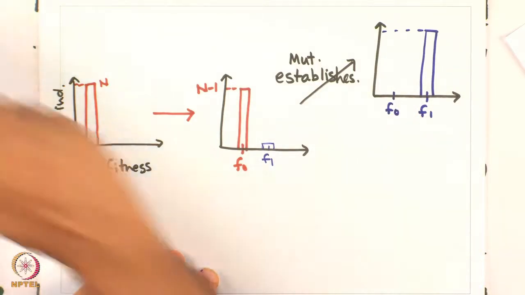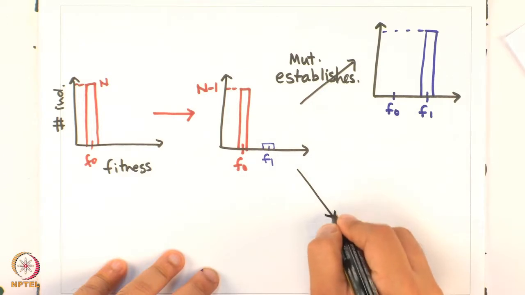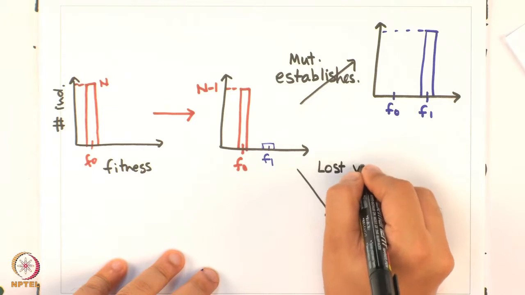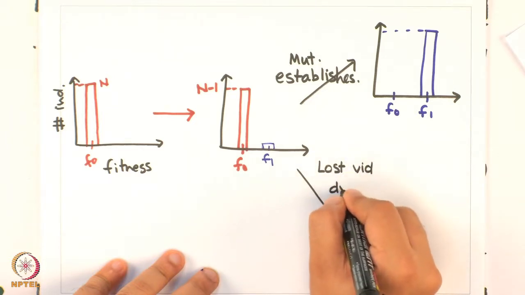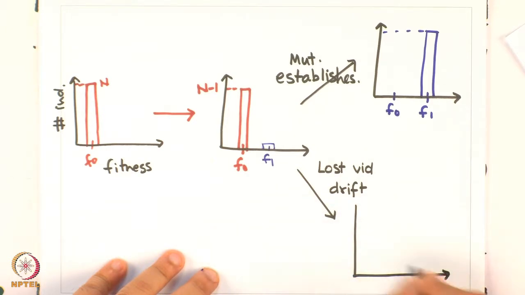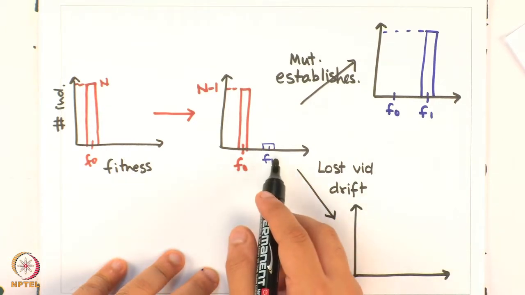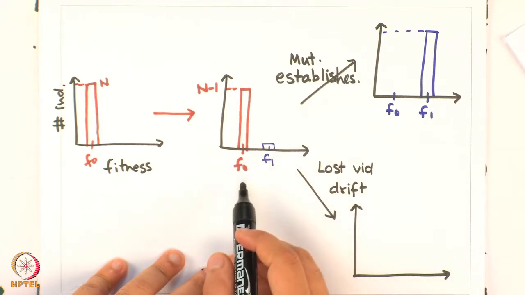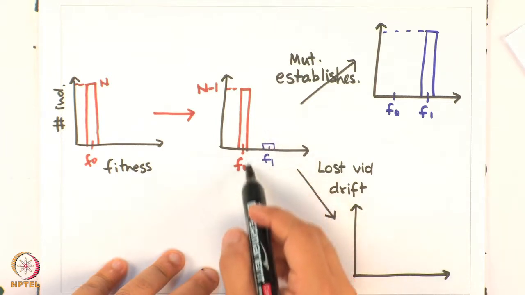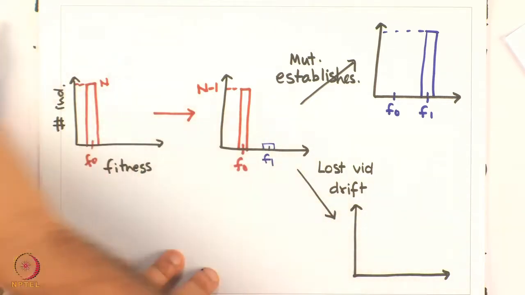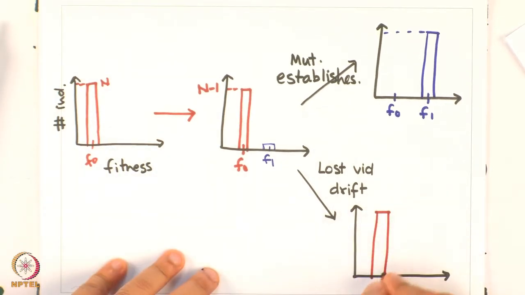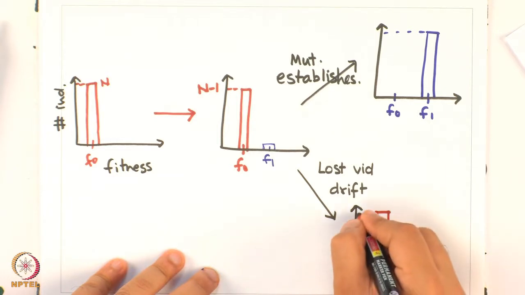On the other hand, if this mutation is lost via drift, then because this mutation is lost, all individuals are going to belong to this particular genotype, because all individuals which were carrying this beneficial mutation have been lost from the population, which means that all individuals are going to belong to fitness F naught.